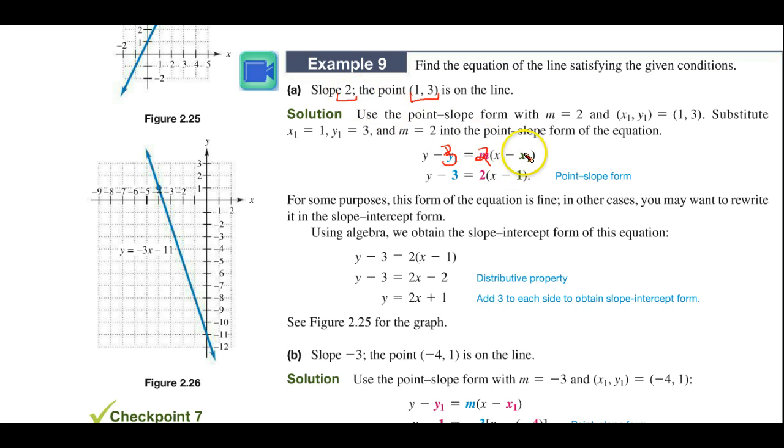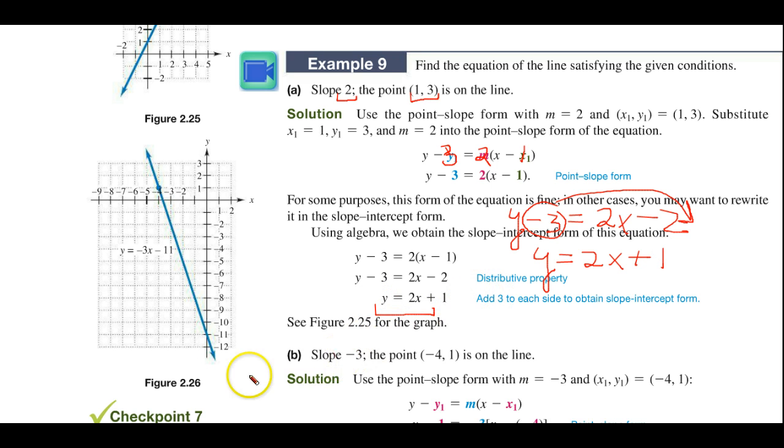And this is our x value, right there, that goes there. And they've done that. So now we multiply through, we get y minus 3 equals 2x minus 2, which is what they have right here. Now we want to solve for y, so y equals, we're just going to transpose that. On this side it becomes a positive 3 minus 2 gives me 2x plus 1.